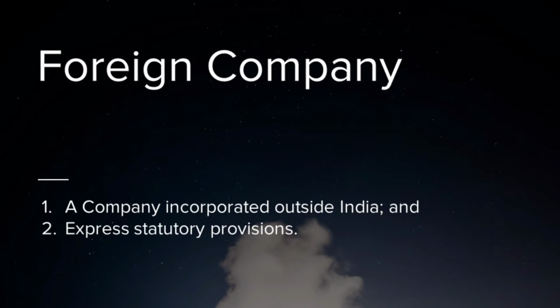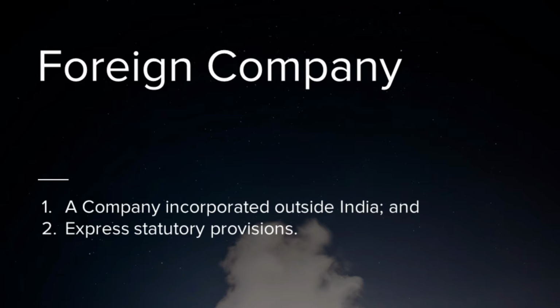Within 30 days from the establishment of a place of business in India, the foreign company has to send a certified copy of the charter or statute or memorandum and articles of the company to the registrar of companies. Next, a list of the directors and secretary of the company giving particulars of name, residential address, nationality, business occupation, if any.